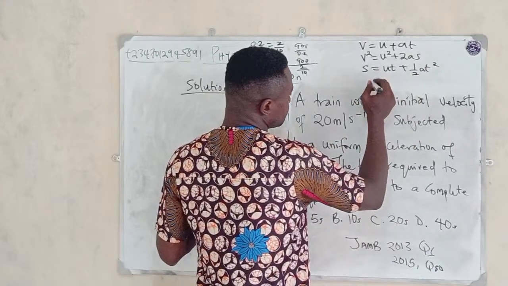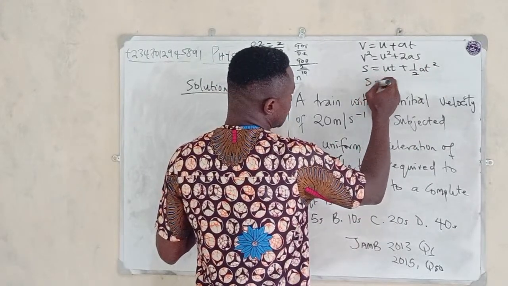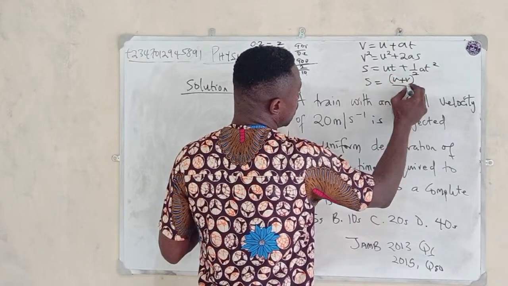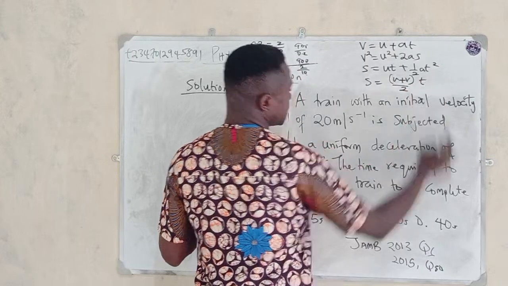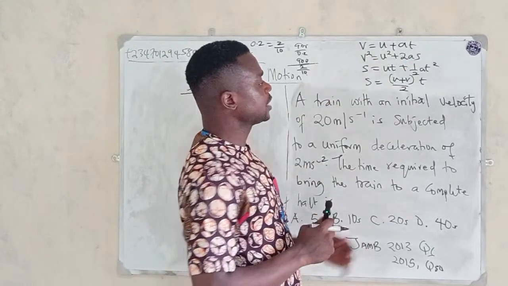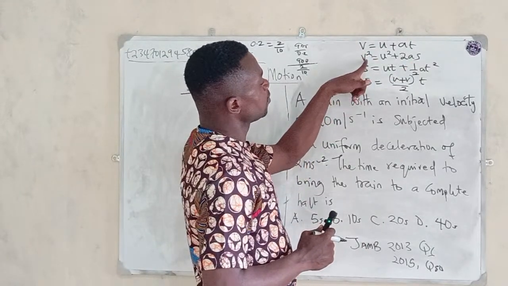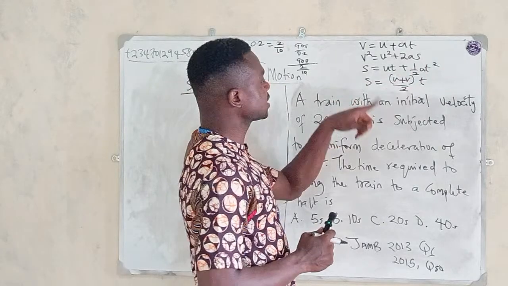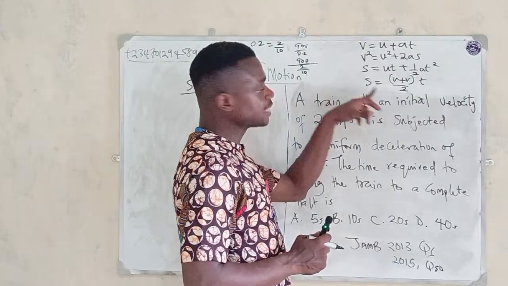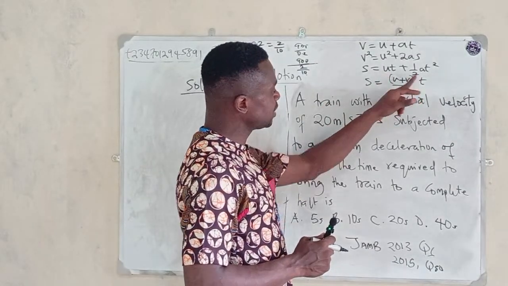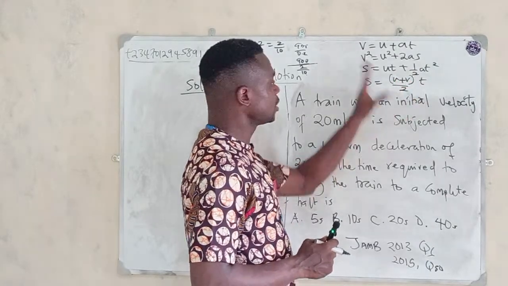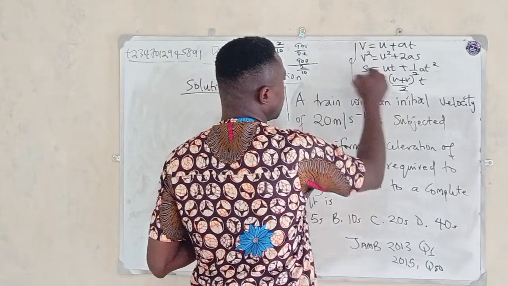And S is equal to U plus V all over 2 times T. That is, total distance is average speed, initial plus final divided by 2, times time. These are the equations of motion.